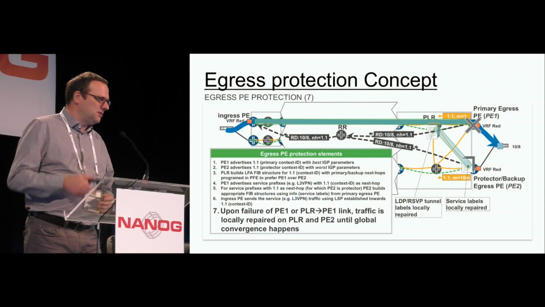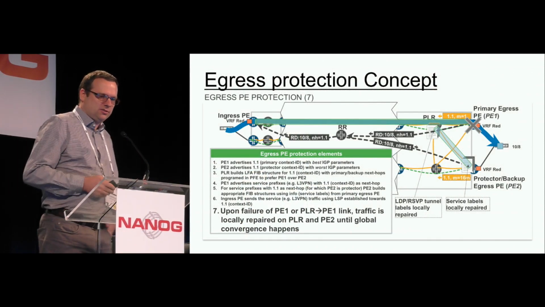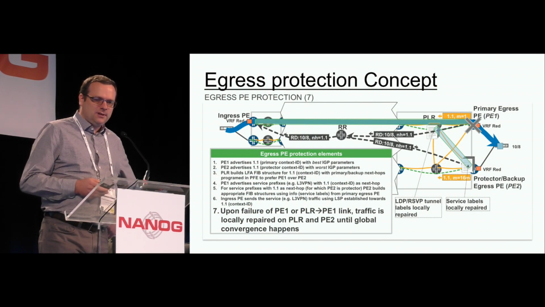Yes, when the link between the PLR and the line card fails, yes, but for the entire node, for example, when the whole node fails, PE1 has to go down. Exactly, then you're right. Yes, because for a link or line card only, we could redirect the traffic. But for the entire node, this is not protection, so egress node protection.